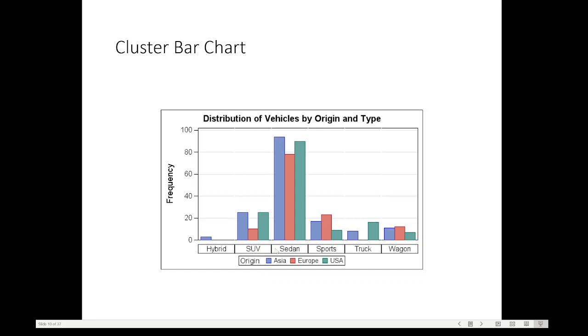So yang hybrids SUV ni, this is the first level categories. For a cluster bar chart, the first level categories will combine together the second level categories. The second level categories yang ni yang Asia, Europe, USA. So dia combine sebab tu kat sini dia ada 3. Okay, dia ada 3. So Asia, Europe and USA.